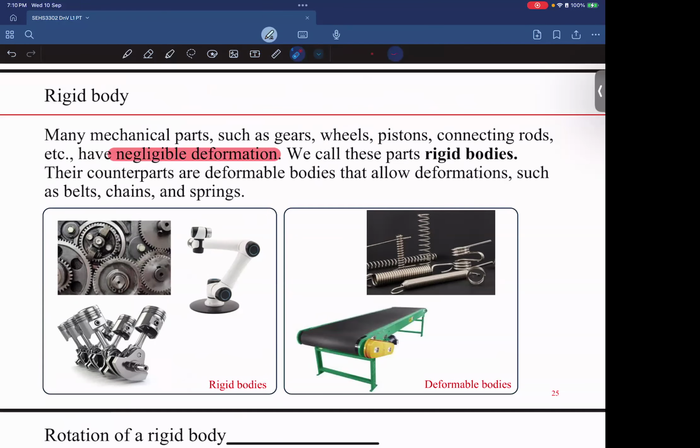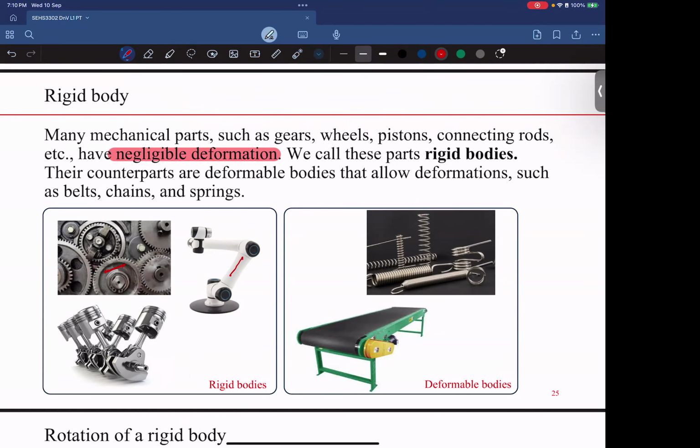So for a rigid body, if we pick any 2 points on the same rigid body, and use a segment to link them, for example, for the robotic arm, we pick out 2 points and link them. During the motion of a rigid body, the distance between any 2 points will be fixed.